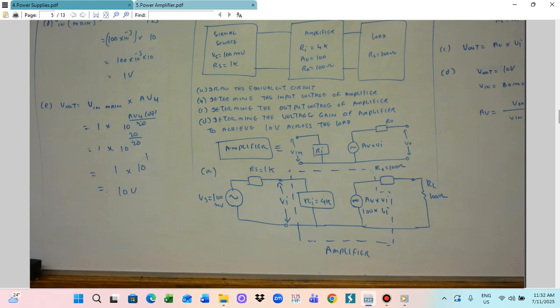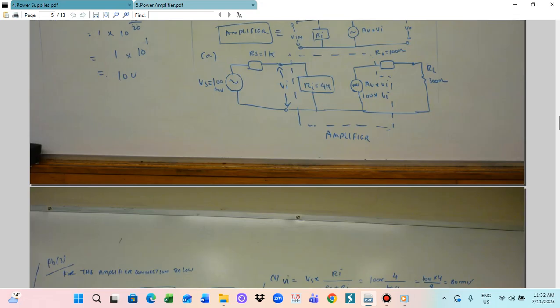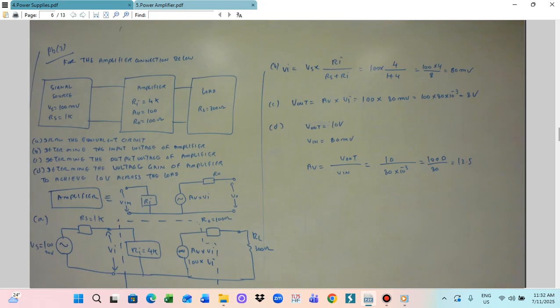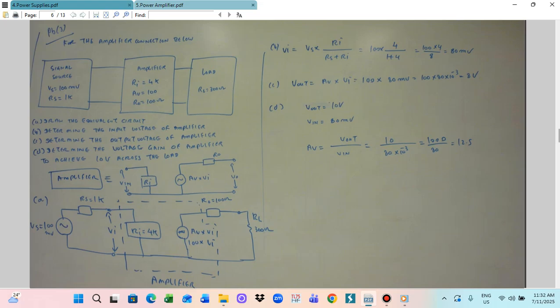VS is 100 millivolt, RI is 4, RS plus RI is 1 plus 4. So 100 multiplied by 4 divided by 5, and you get 80 millivolt. So this is the VI we got.